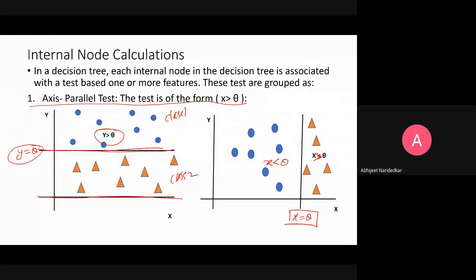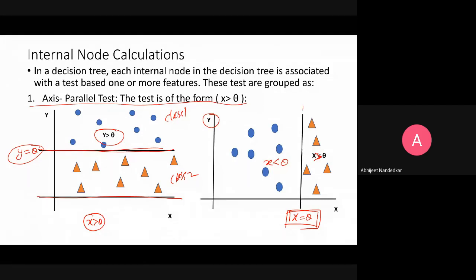So when I consider one node and here I check if x is greater than theta, that means I am checking based on only one feature. I am not considering the y feature, so I am ignoring it.